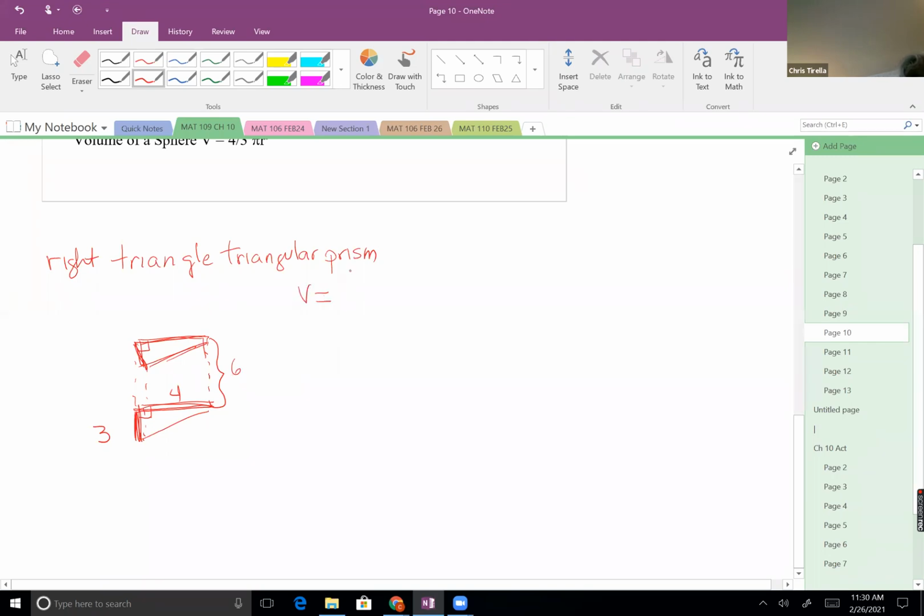The volume, because it's a prism, it's going to be the area of the base times the height. And so if B is the area of the base, I'd need the area of a triangle, which is 1/2 base times height in the triangle.